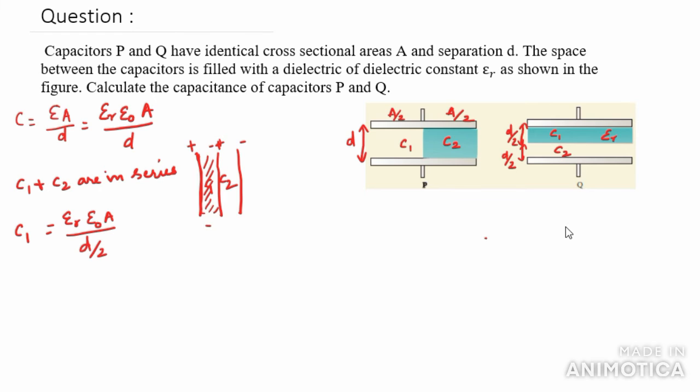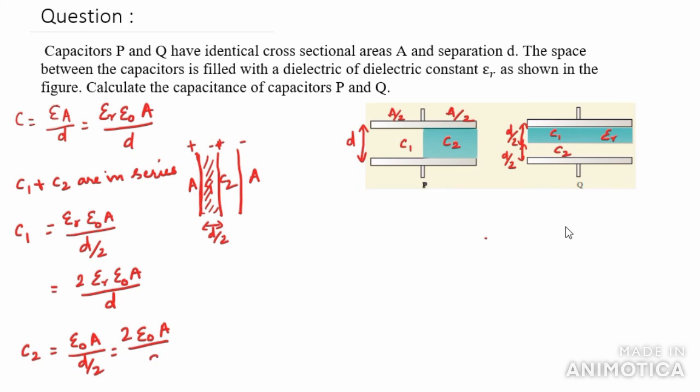Only the distance becomes half, but the cross-sectional area remains the same, so this is equal to 2 epsilon r epsilon naught A by D. Now for C2, without the dielectric medium, the capacitance is epsilon naught A by D by 2, equal to 2 epsilon naught A by D. Now you all know that C1 and C2 are in series.